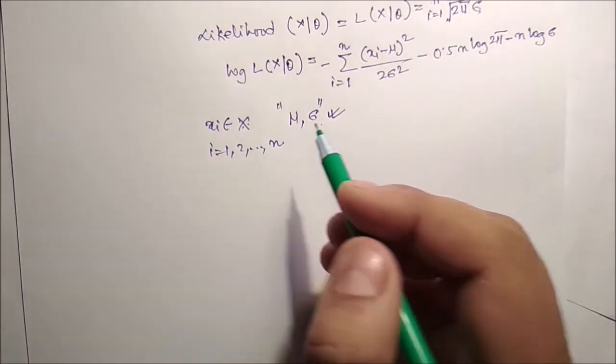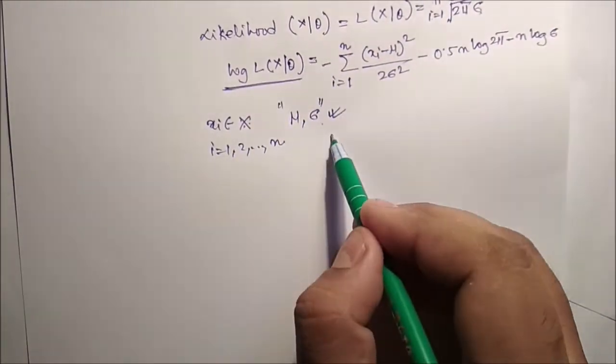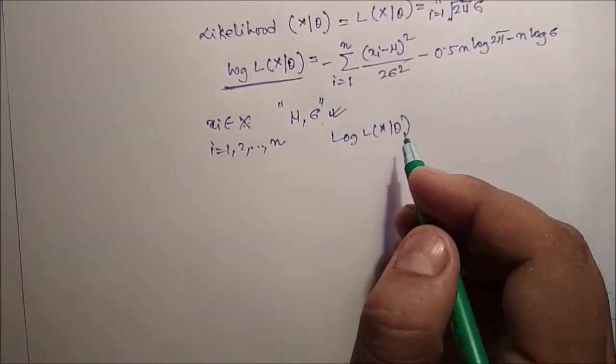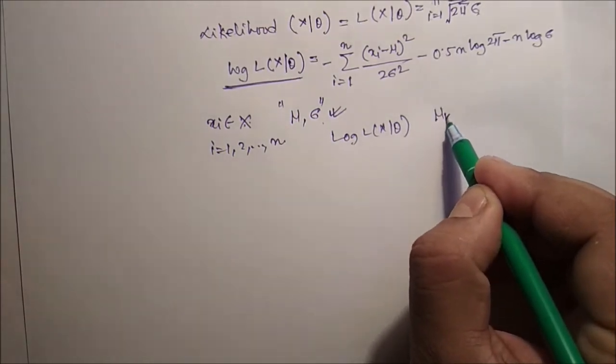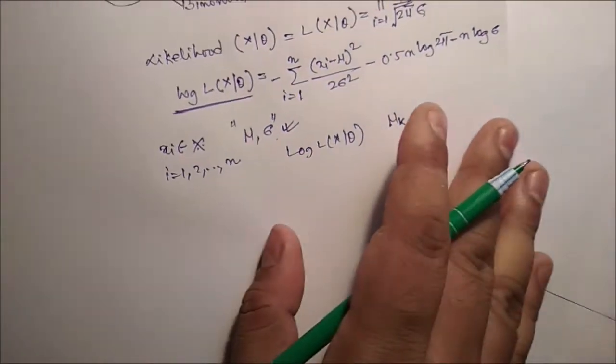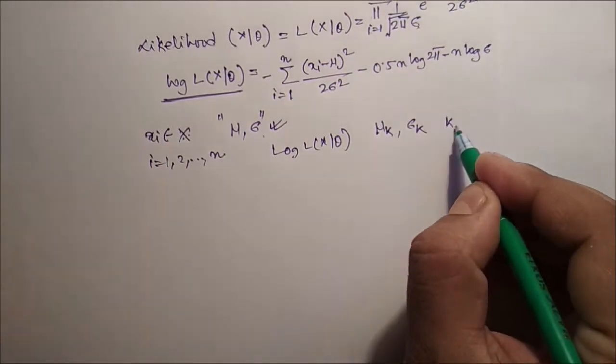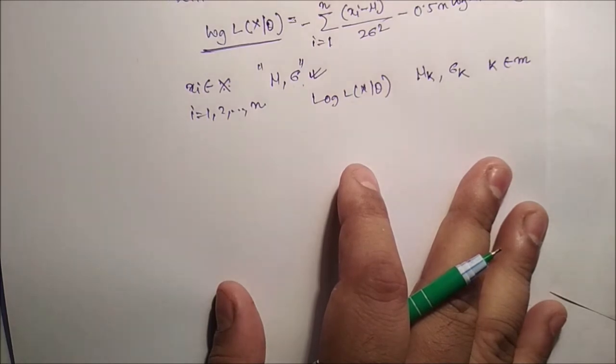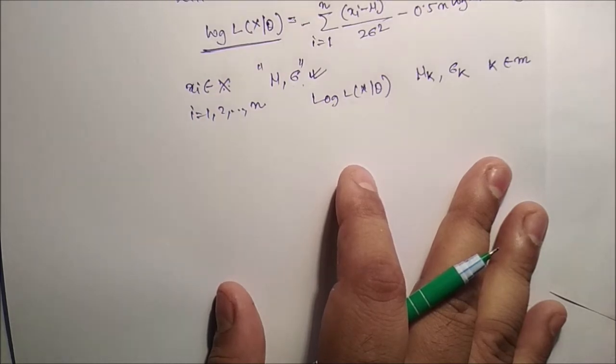We calculate log L of x given theta for the set of mu k and sigma k, where k is part of n, for which the log likelihood of x given theta is the maximum. That gives the maximum likelihood estimation for the population parameters mu and sigma.